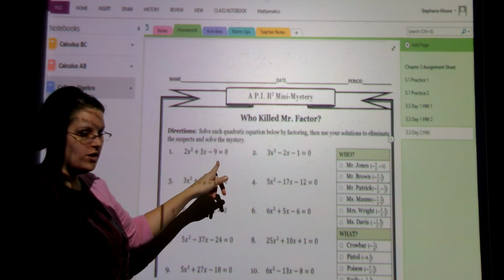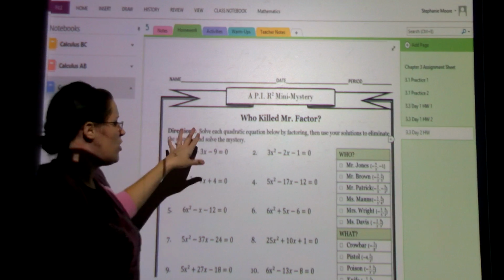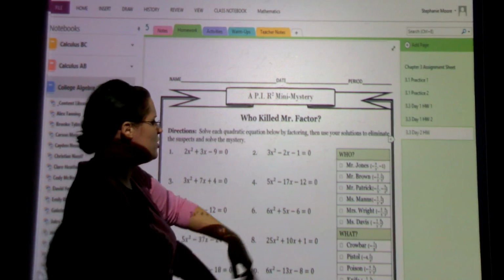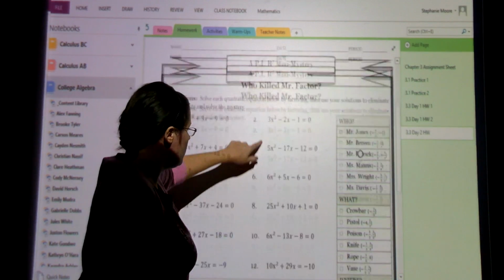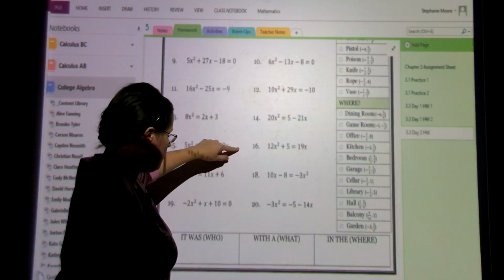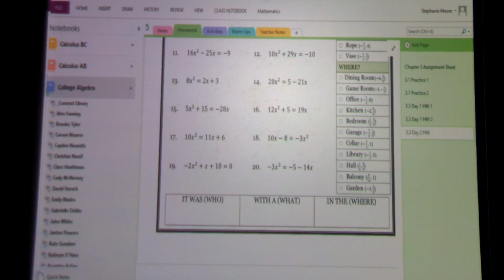Don't do it. Everyone's listening to me a million times. Do not squeeze it in here. We're going to solve each one, and then when you get an answer, cross it off. Whoever's left over is who killed Mr. Factor. Please write that in here, the who, what, and where. So you've got a bunch of factoring problems. Go ahead and the rest of the period, go ahead and work on those. Finish tonight.